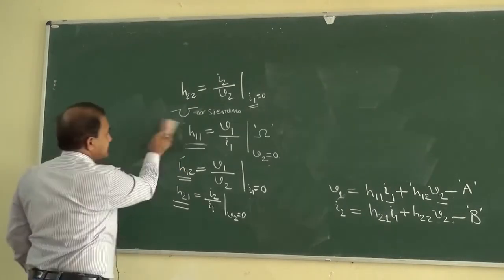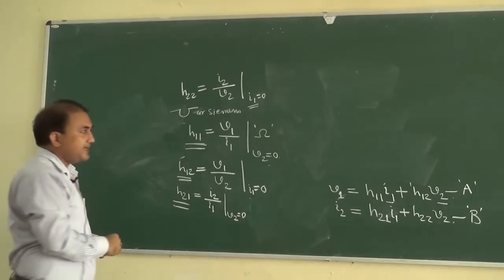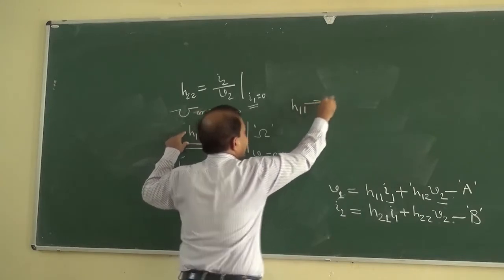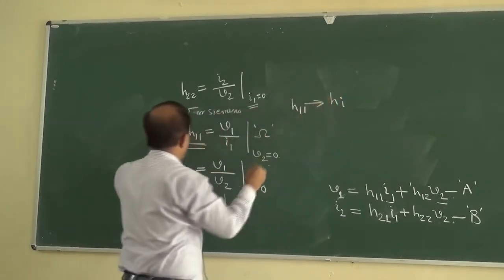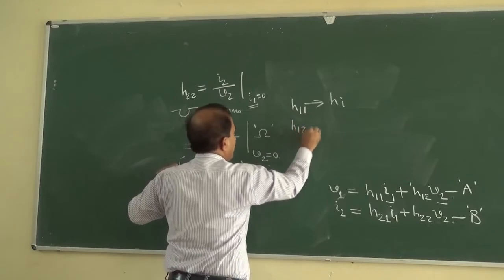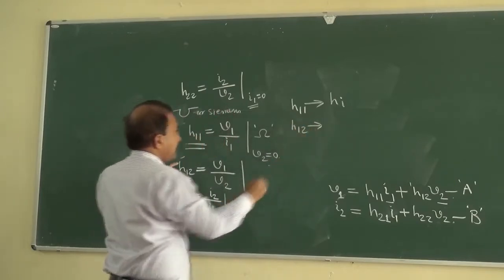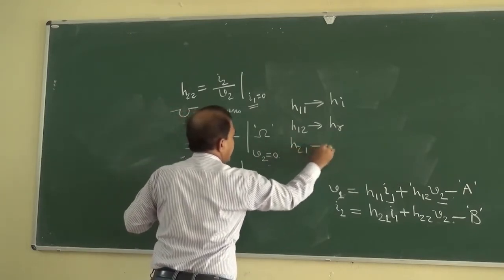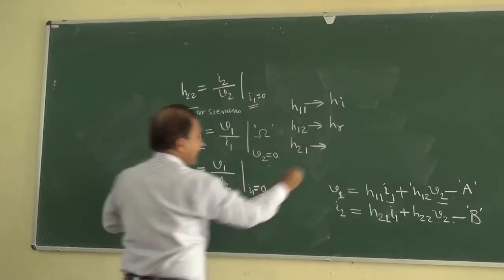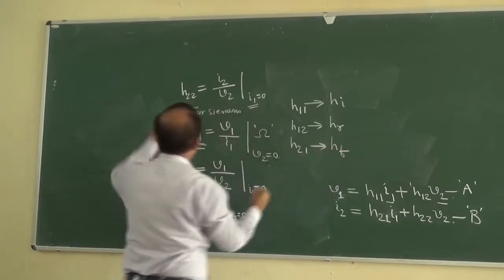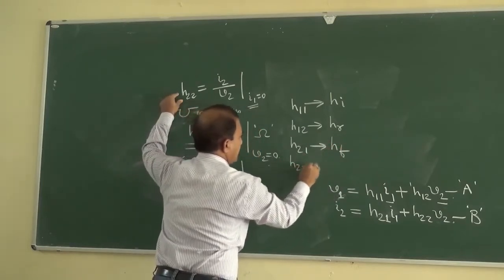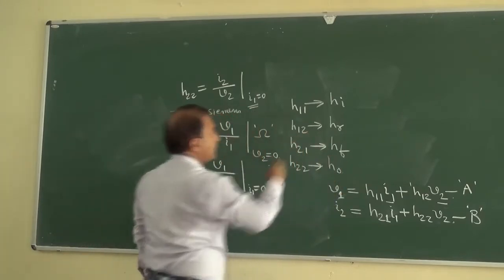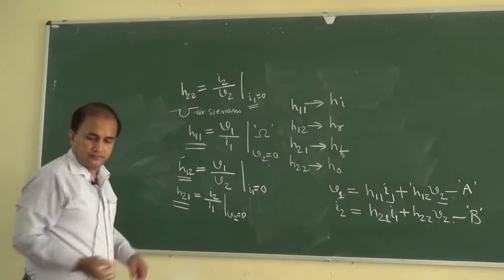Okay. For BJT transistor, how we can represent these hybrid parameters? Okay. So H11 we can write it by Hi. H12 we can write it by Hr. H21 we can write it by Hf and H22 we can write it by Ho. Okay.